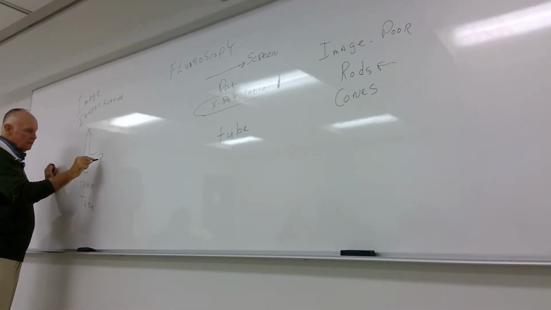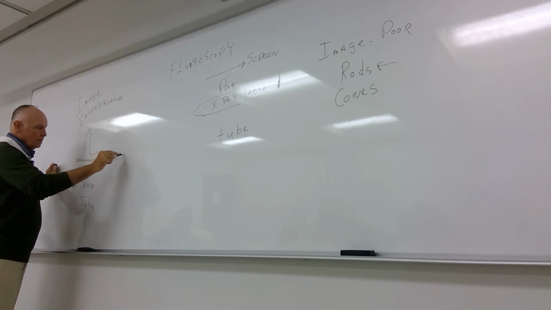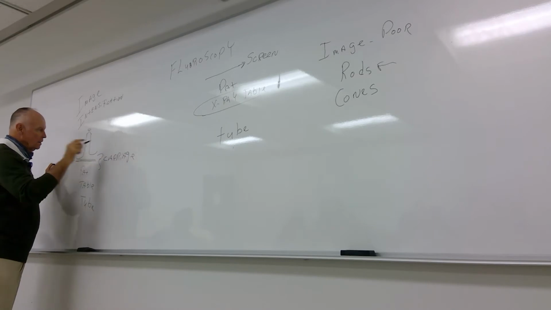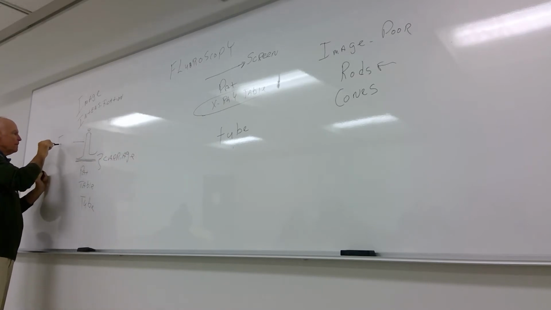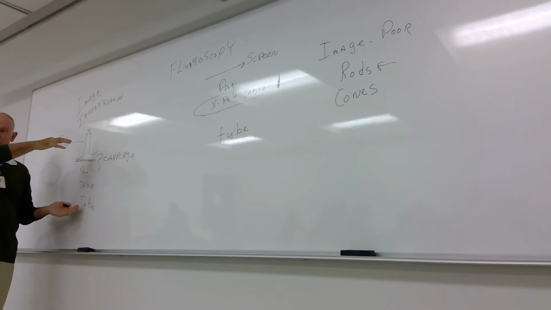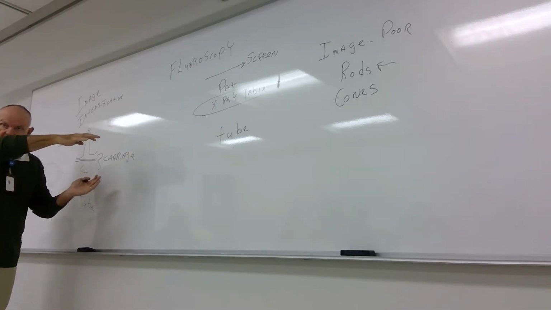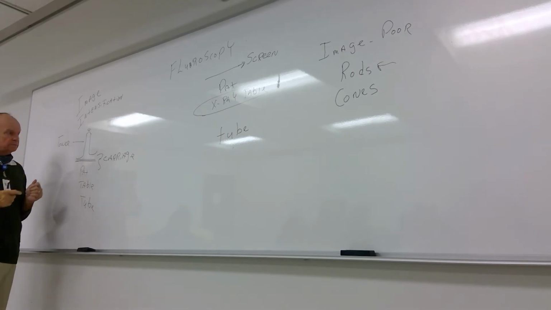This part here is called the carriage. This is called the tower. And it's over the patient, connected to the tube, so you can move it up and down, and it stays attached.